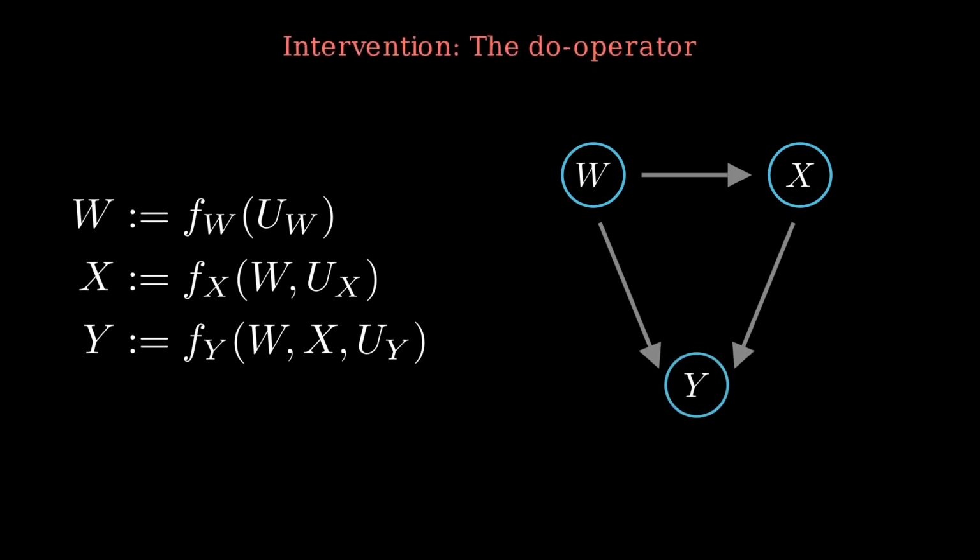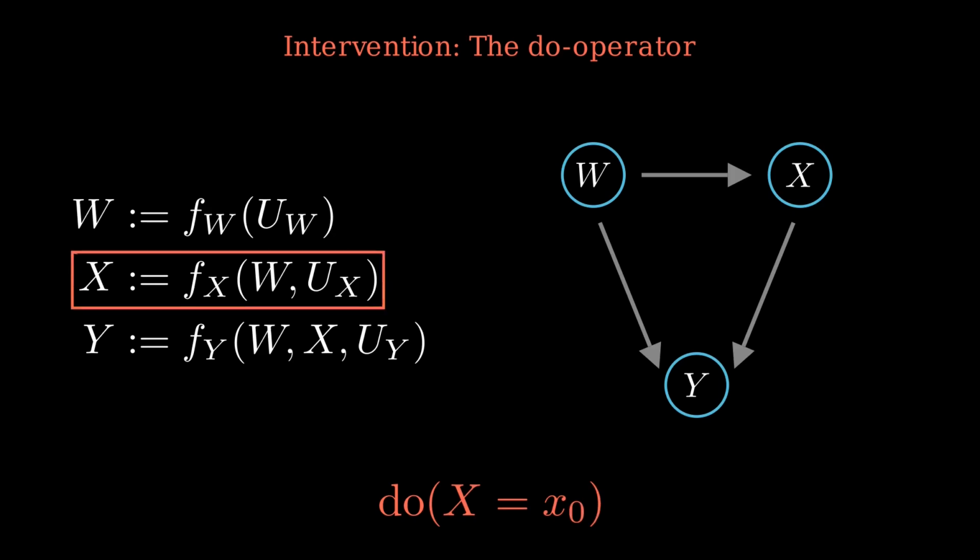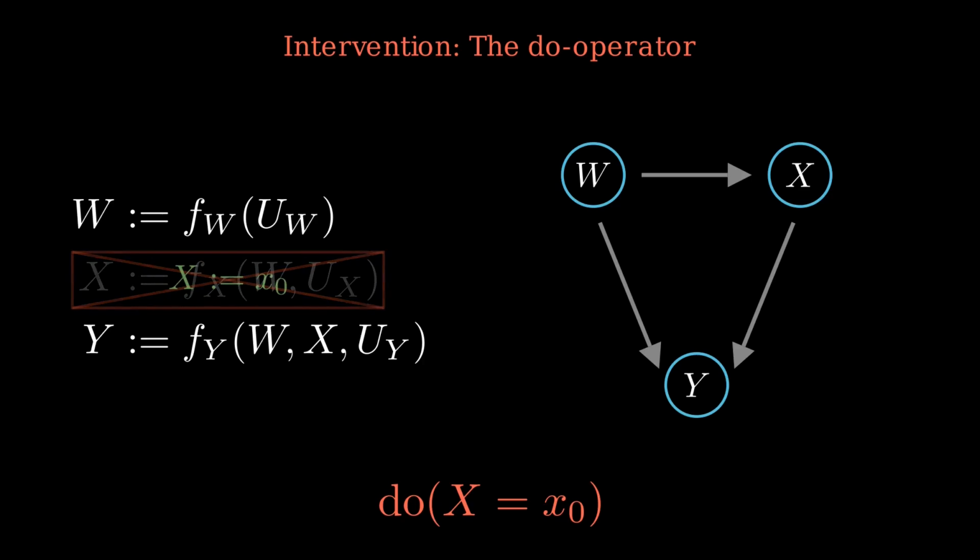Now, let's execute an active policy intervention using Judea Pearl's famous do operator. When we write do(X = x0), we are not passively filtering data. We are violently altering the universe's mechanics. We perform structural surgery. We wipe out the natural equation determining X entirely, erasing its dependency on its parent W. In its place, we plant a completely static structural constraint.